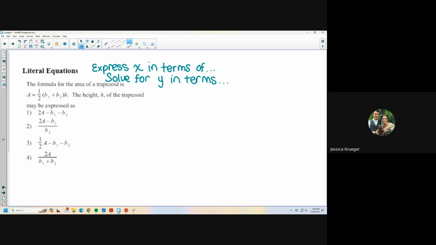And the thing you want to focus on is this first piece. What are they asking you to isolate? The good news is all of our rules for algebra and solving equations still apply here.